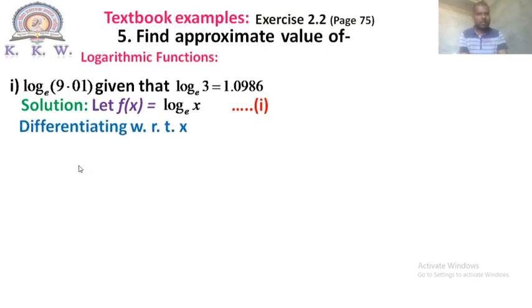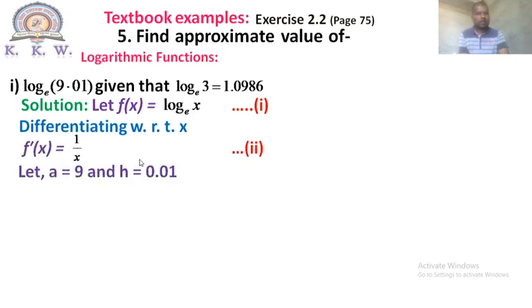Now differentiating it with respect to x, derivative of log x to the base e is 1 by x. Now we are finding the value of a and h. Value of a is very near to 9.01, that can be easily calculated. Therefore, a is equal to 9. H is 9.01 minus 9, which is 0.01.